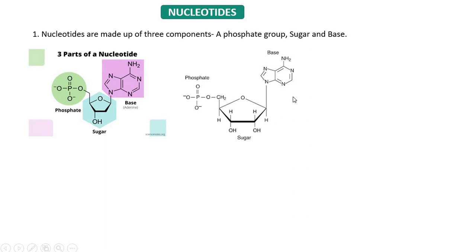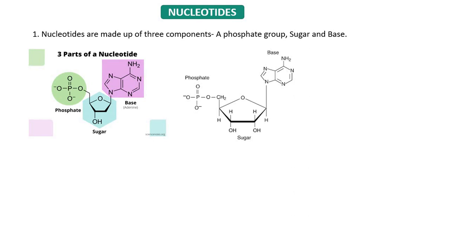So this can be called a nucleotide. If such nucleotides join with each other, say two, three, four nucleotides, and so on, thousands of nucleotides, then there is a formation of a polynucleotide strand.